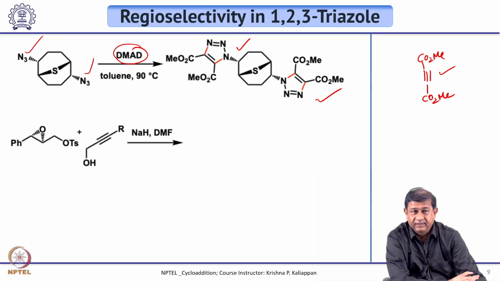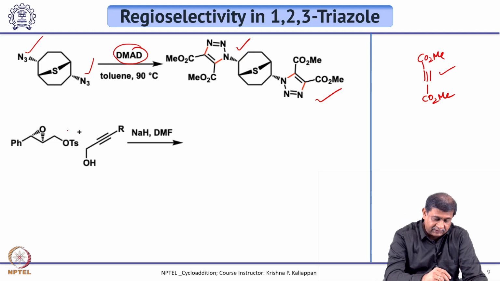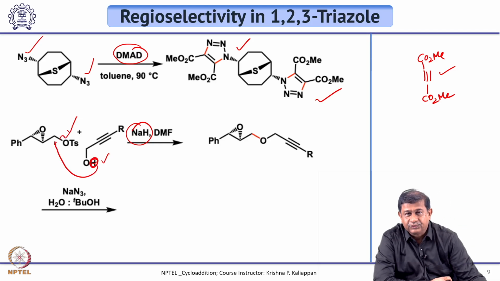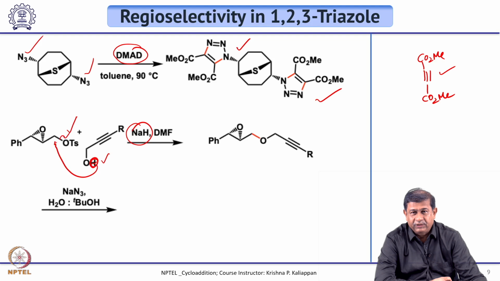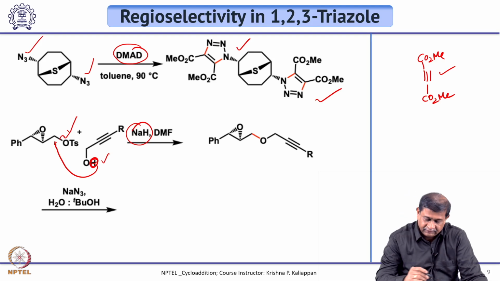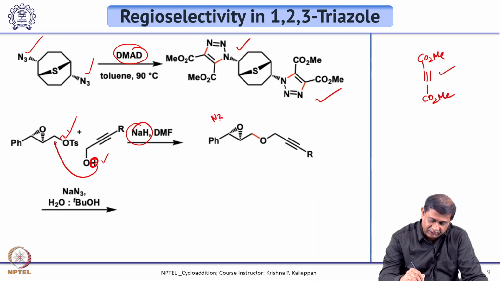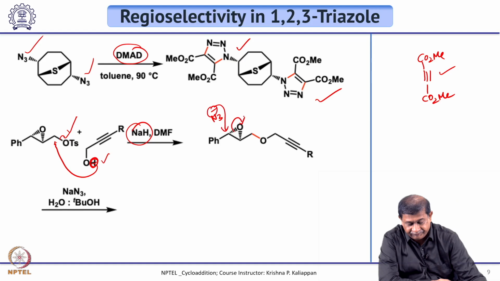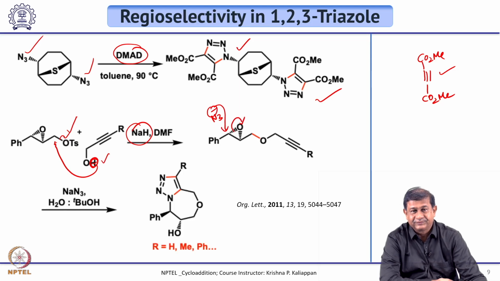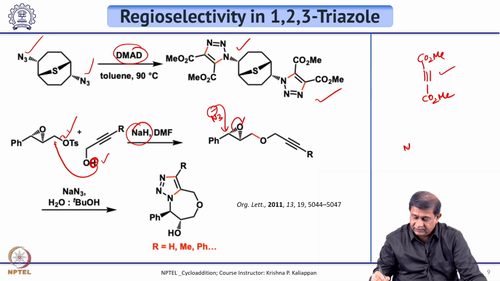Likewise, when you talk about intramolecular 1,3-dipolar cycloaddition between alkynes and azides, then also the regioselectivity does not come into picture. So, for example, if you take this tosylate and this alcohol, and you treat with sodium hydride, it will pick up this hydrogen, form O minus and kick out this tosylate. So you get this propargyl ether, and when you treat this propargyl ether with sodium azide, it will open the epoxide and you will get an azido alcohol.